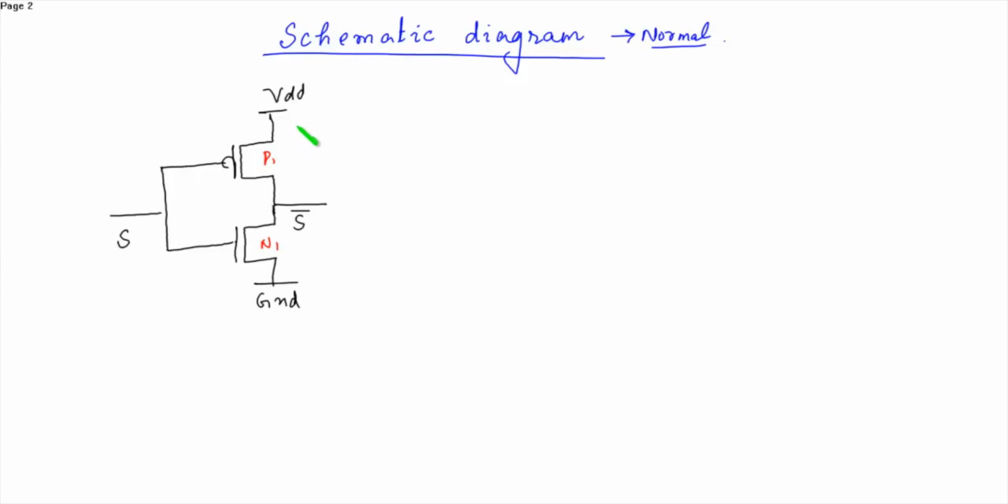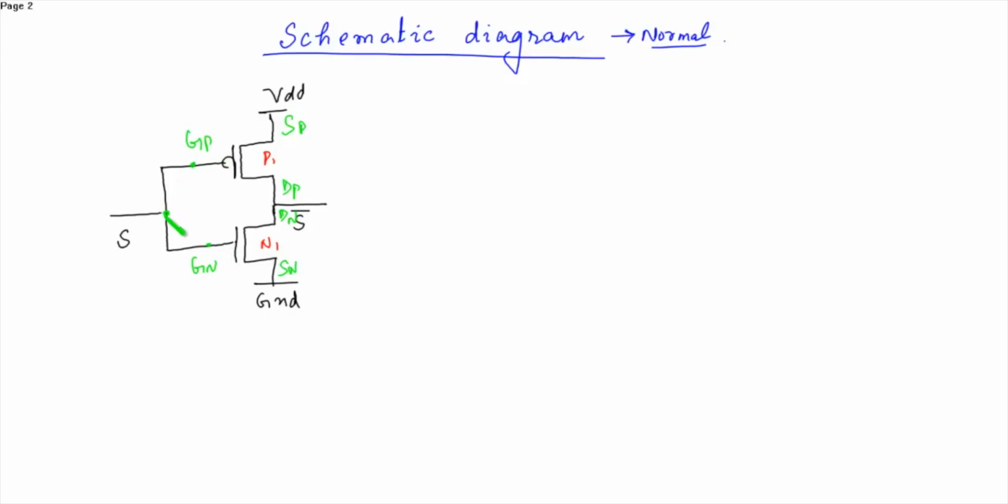Now, this is the source of the PMOS. This is the drain of PMOS. This is the drain of NMOS, and this is source of NMOS. These are the gates.